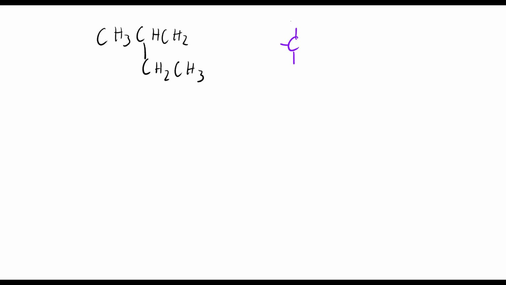There are 3 hydrogens attached to it. Now this carbon has a hydrogen and another carbon. Then it's connected to another carbon right here. Okay, and this one will have hydrogens right here. It's going to be connected.